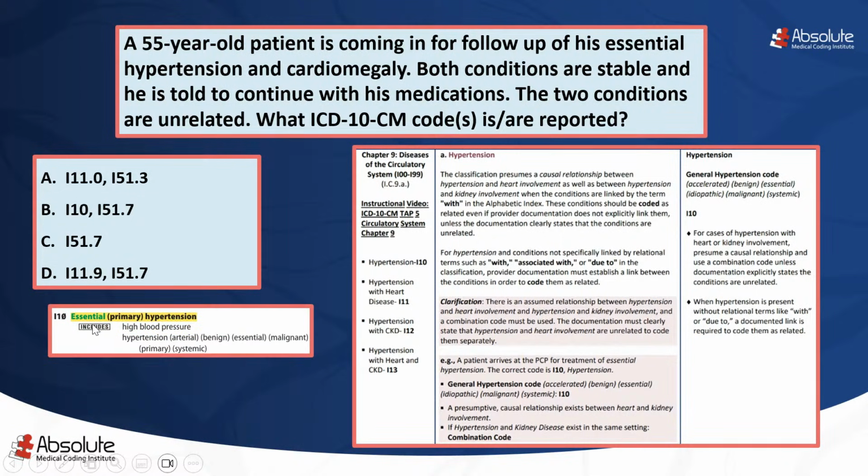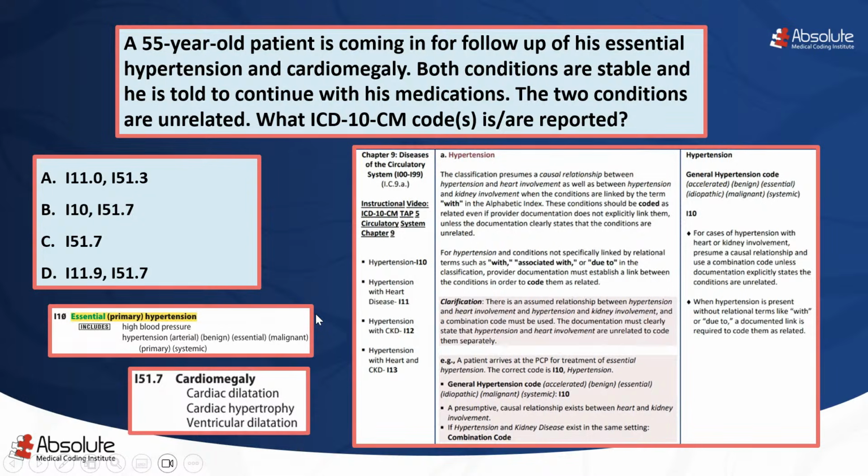So we have our I10, essential primary hypertension, and because they're unrelated, we're also coding the cardiomegaly, using the same alphabetic index process. Cardiomegaly leads you to code I51.7, which leads to the answer B, I10 and I51.7, which I think everyone got right.